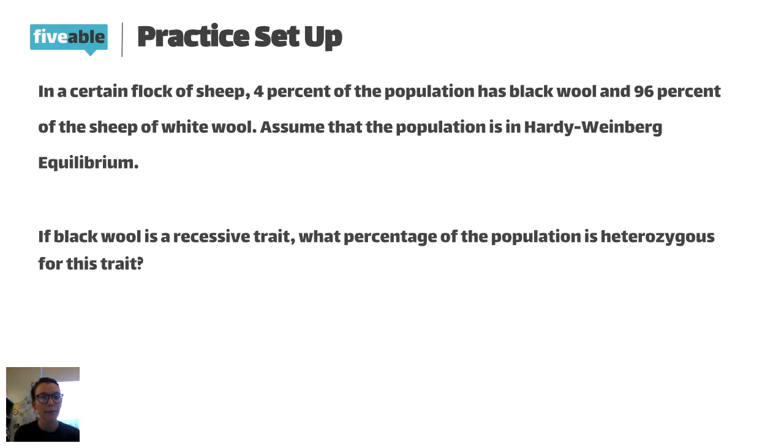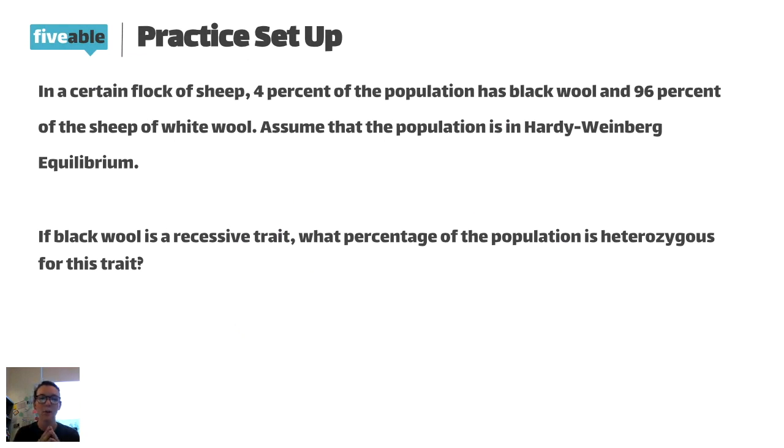We are going to assume that the population is in Hardy Weinberg equilibrium. If black wool is a recessive trait, so the black wool population is recessive here, what percent of the population is heterozygous for this trait? That's a lot of words.